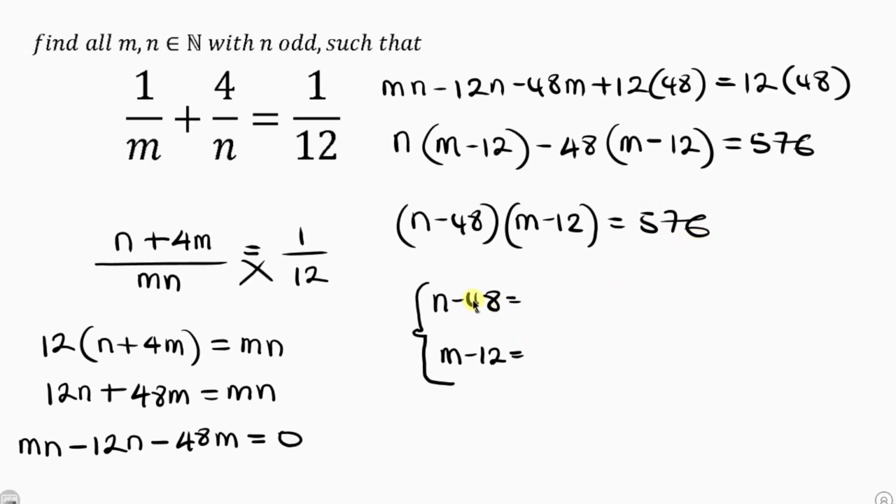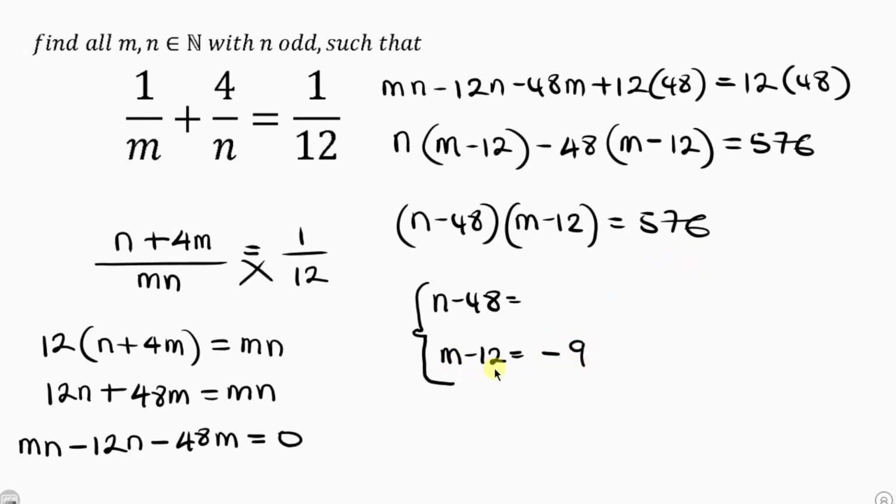What we know is that m and n are positive, but what we do not guarantee is whether both n minus 48 and m minus 12 are negative. Now let's take a look at when these two numbers are negative. For example, let's try to make m positive. So I can use a factor of 576 which is a negative factor. Let's use negative 9.